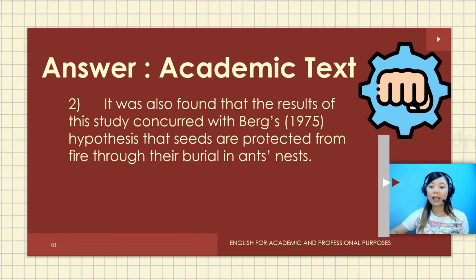So it is an example of an academic text because it has the it construction with the line it was also found out. So this means that it has avoided the use of personal pronouns, and it actually used an evidence based on the results of this study concurred with Berg's 1975. So it's an example of an academic text.